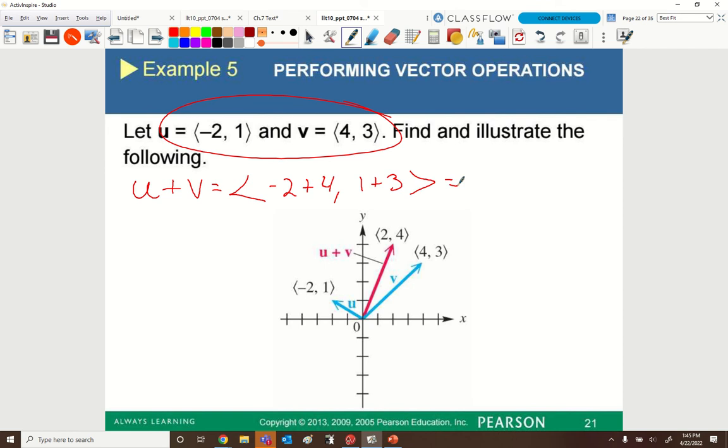So my total vector after I put them together is going to be <2, 4>. Is that pretty easy? Pretty straightforward. These are the same vectors we're going to be using for the next couple of examples, so please have these written down, because I found out with the last class that your notes don't have these vectors on them.